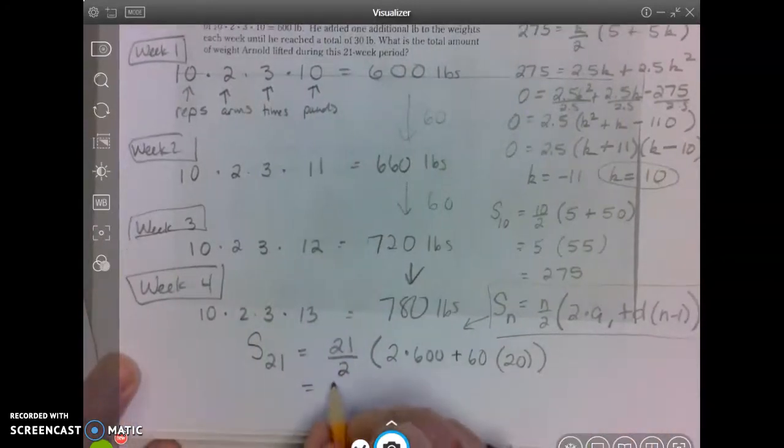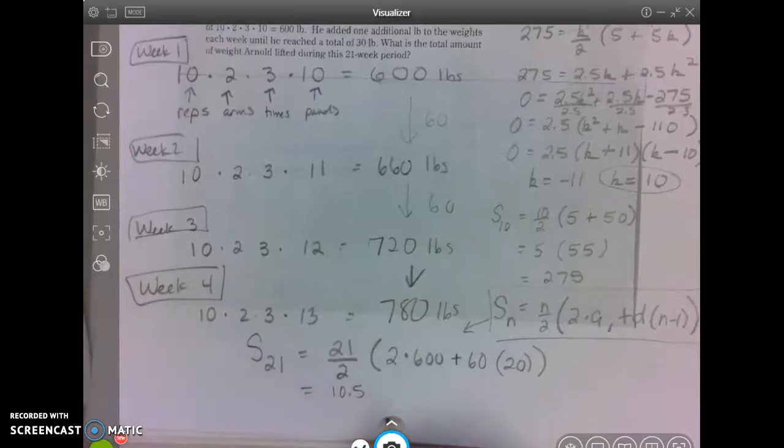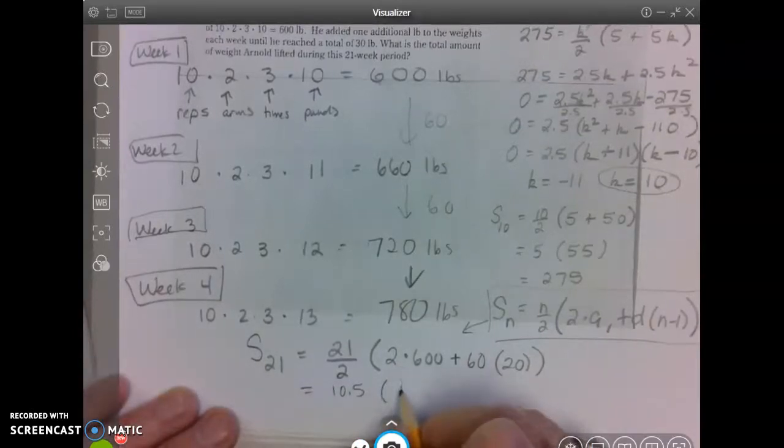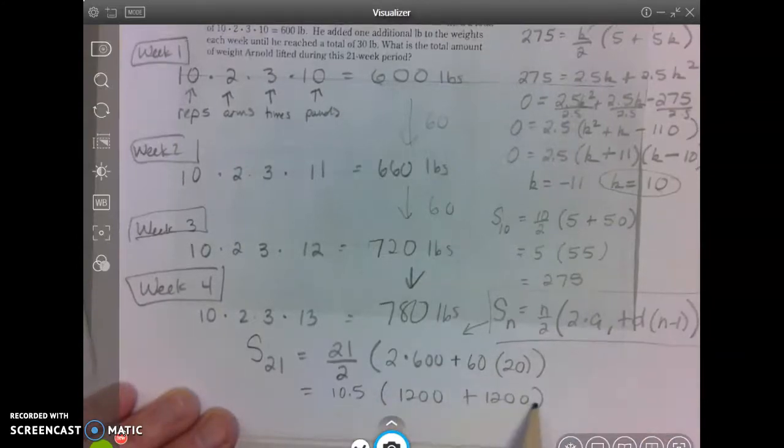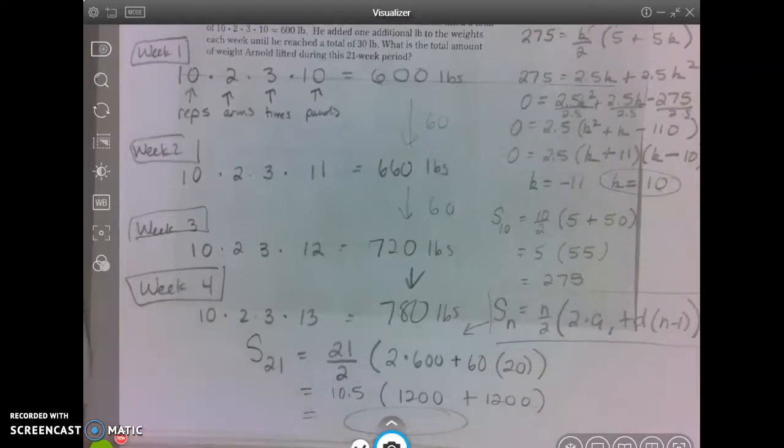I know half of 21 is 10.5. This is going to be 1200. This is also going to be 1200. So I can put all this in my calculator and I'll get my final answer of how many total pounds Arnold lifted.